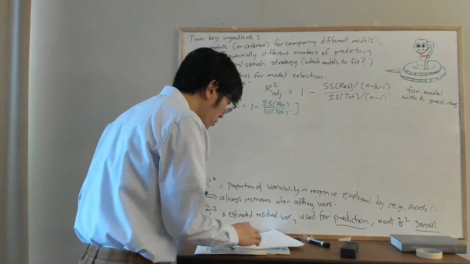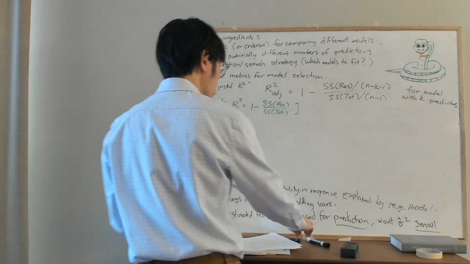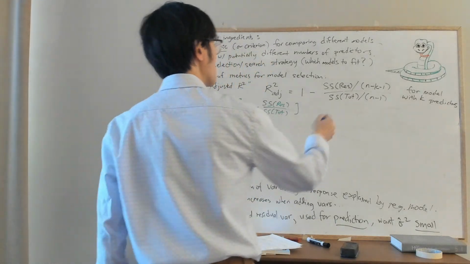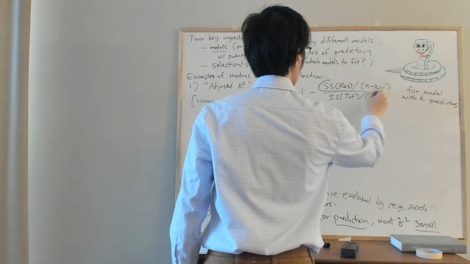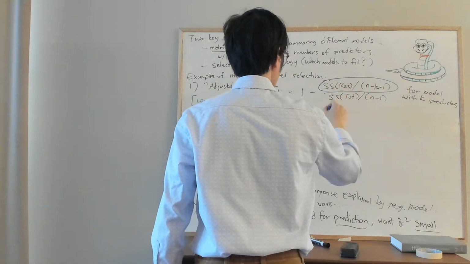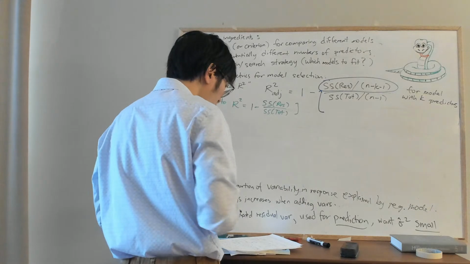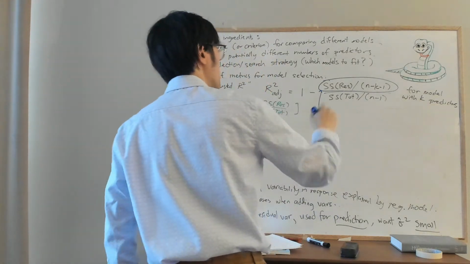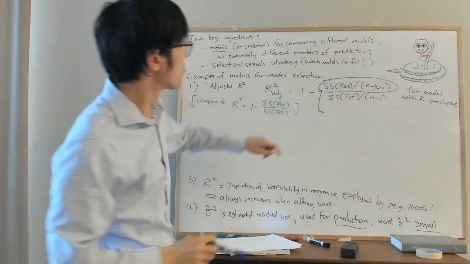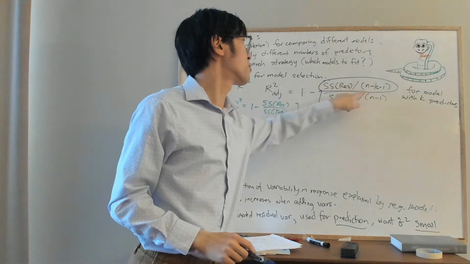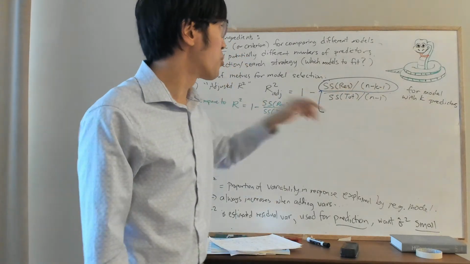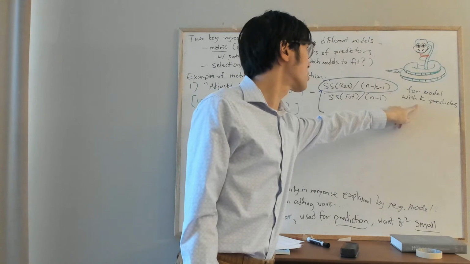Let me make a note of a couple things here. What is this thing in the numerator? This should look familiar. We fit a model with k predictors.